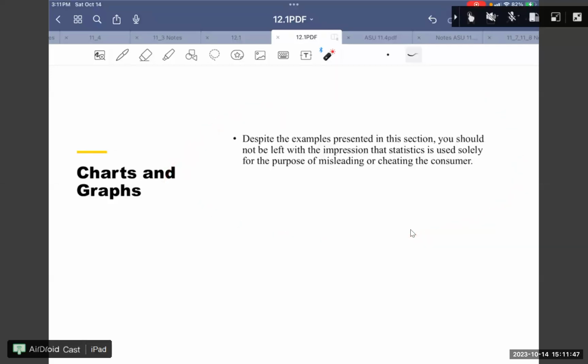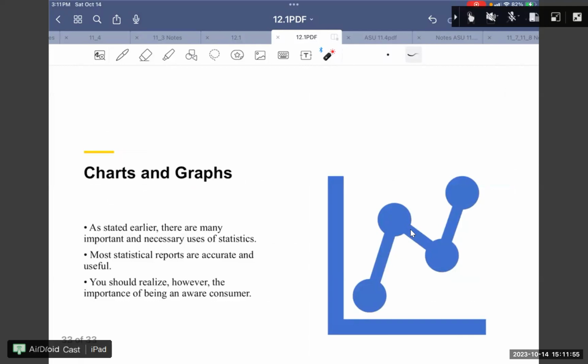When they try to get a result, they can be cheating consumers. There is unbiased and biased reporting. Many important messages use statistics. Most statistical reports are accurate. However, you should realize the importance of this as a consumer.